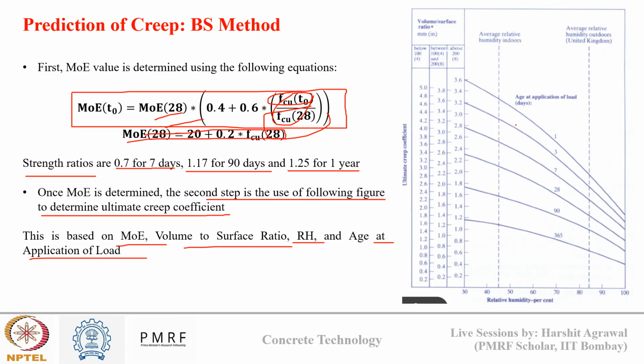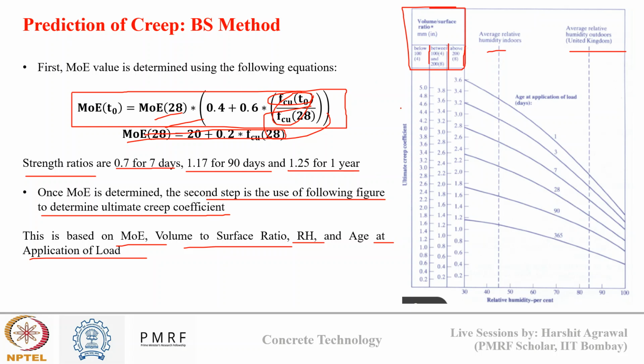How will I determine the creep coefficient? You need to learn how to read this figure. Here I have the volume to surface area ratio. If it is below 100, I need to use the first column. If it is between 100 and 200, I need to use the second column. If it is more than 200, I need to use the third column. Here I have the average relative humidity factor, and here I have the H factor.